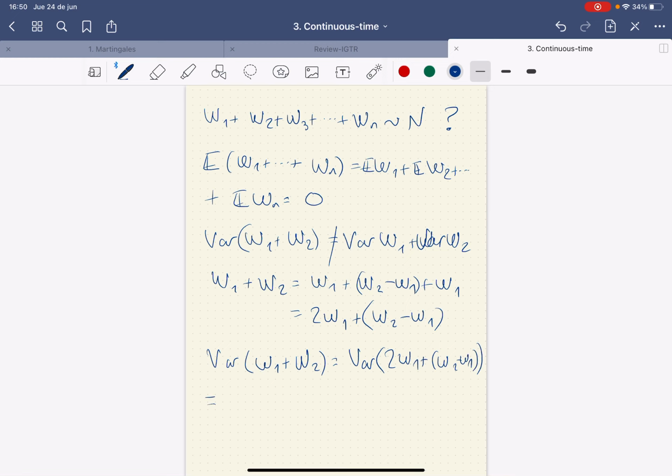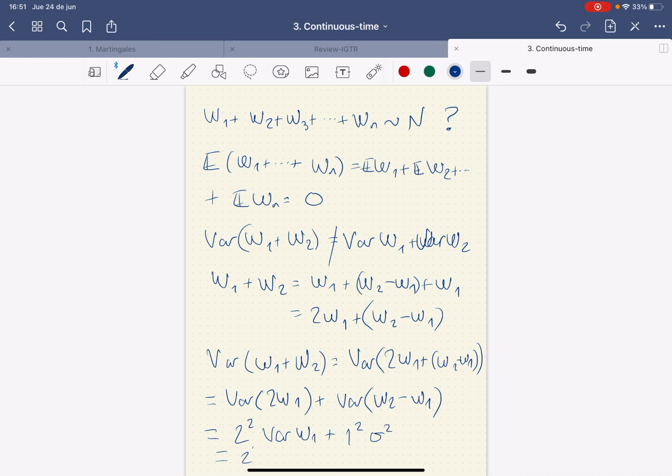There we go. And what we have in here is just the variance of 2 times W1 plus the variance of W2 minus W1, which is just 2 square times the variance of W1 plus the variance of 1 square times this variance here, which is just sigma square, right?